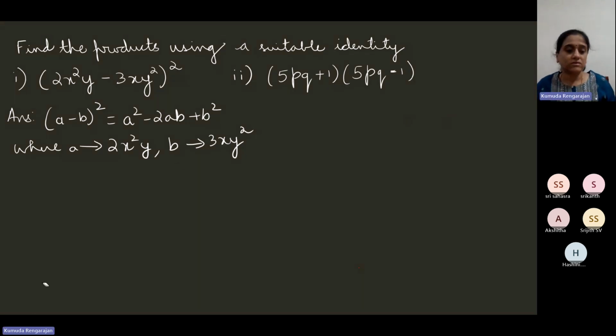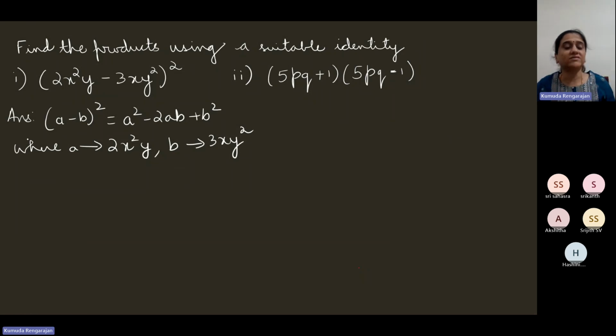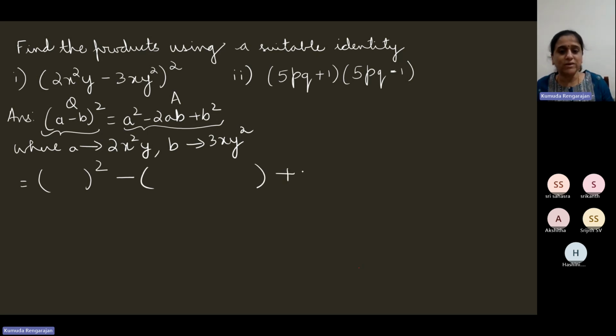So now, which part of the identity is like the question? This one is like the question, right? The question is of the form (a minus b) the whole square. So this is the answer. So now we should write the answer here, right? The answer has three terms: a squared minus 2 into a into b plus b squared.